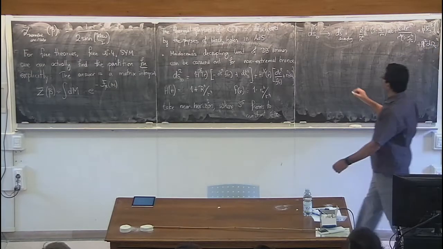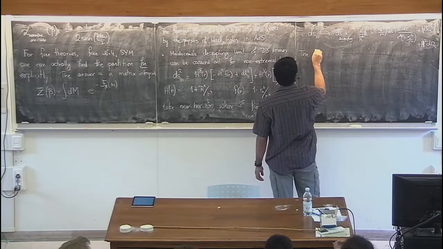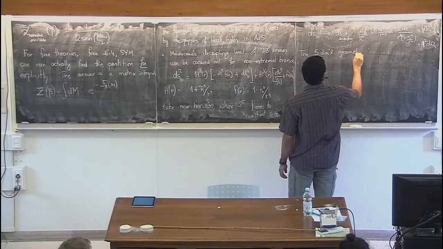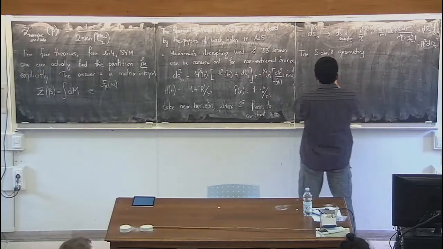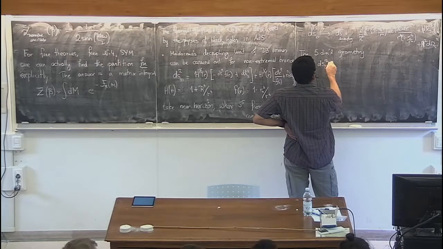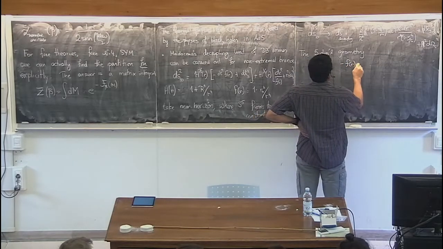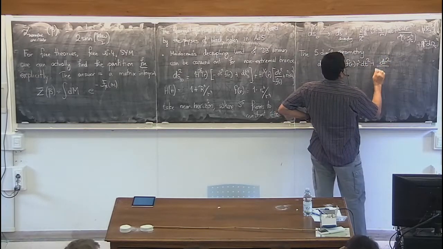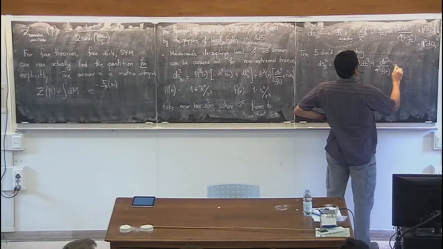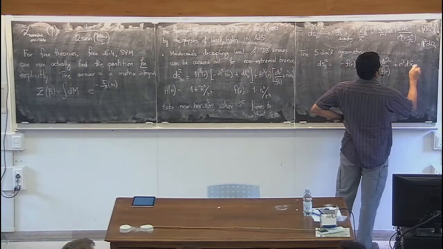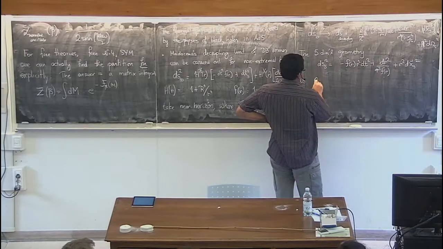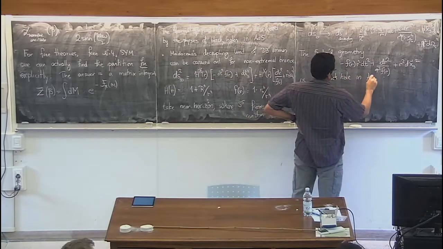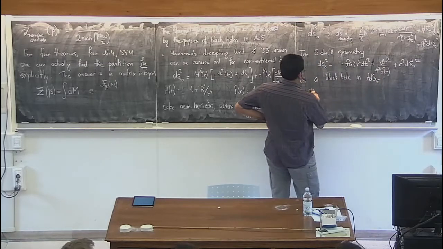So if you ignore the S5, the 5-dimensional space with metric is a black hole in AdS, which I will call the planar Schwarzschild AdS black hole.